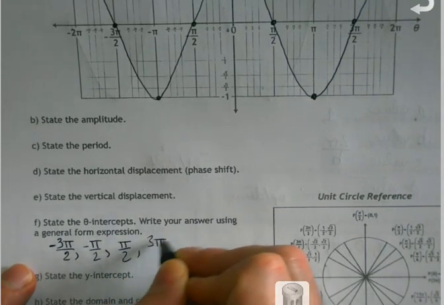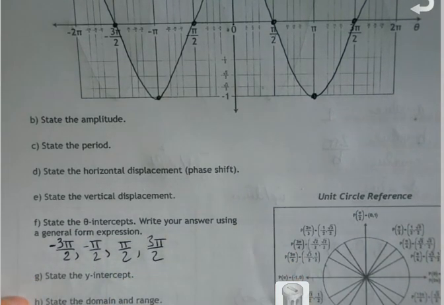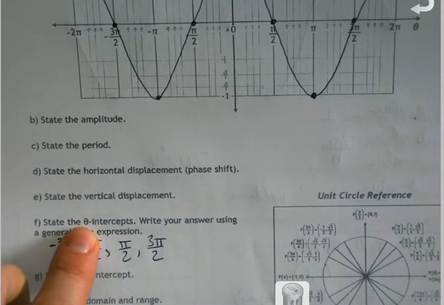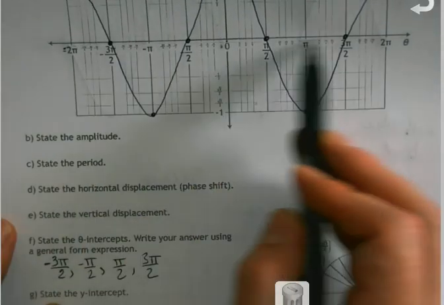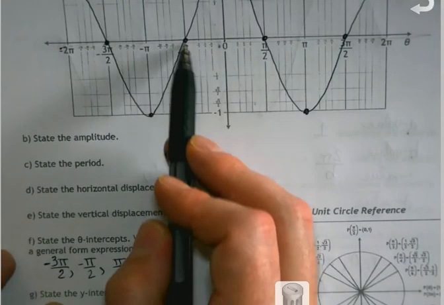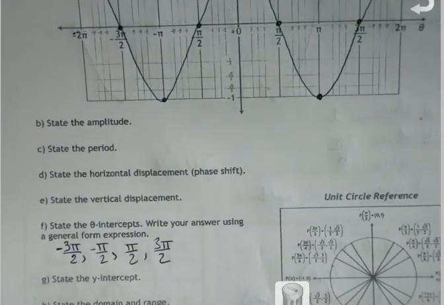Why don't you use -2 pi? Because if we're just looking for the intercepts, we're just looking for where it's crossing the theta axis. So just those 4. Whereas when we were doing it for sine, we actually were crossing over the axis at the -2 pi and at the 2 pi.